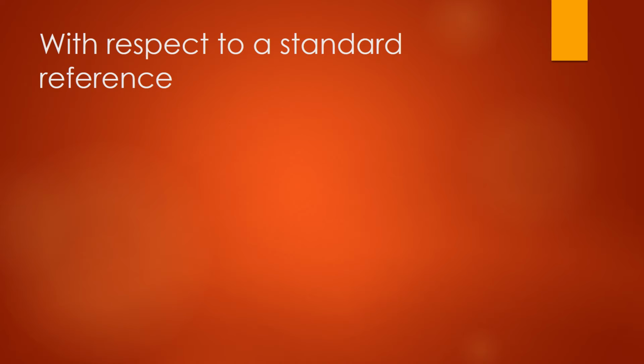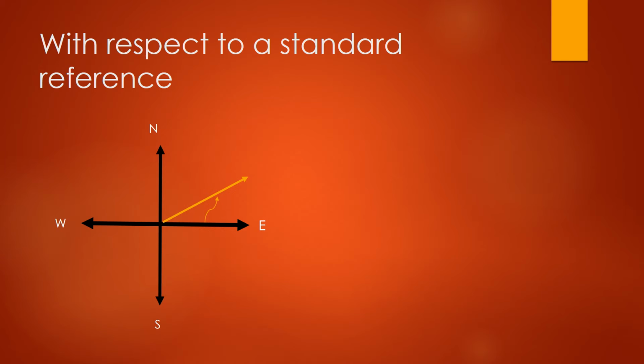Now, we can also use the measurement of angles with respect to a standard reference. Okay? So, you have east, north, west, and south. So, for example, you have your vector there.